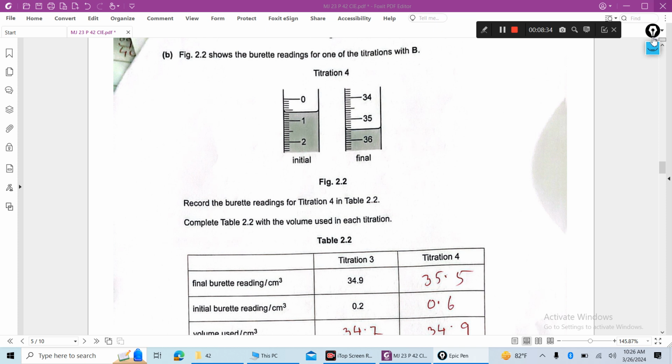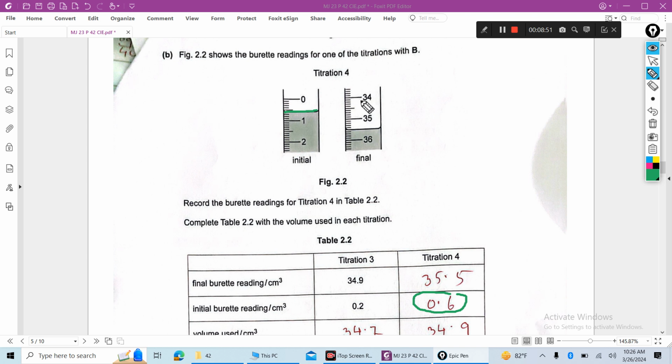Initial burette reading 0.0, 0.5, 0.6 here, 0 to 1, 6 small divisions means 0.6.